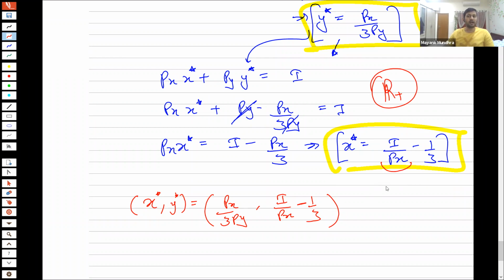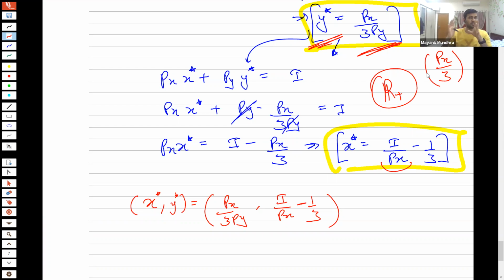So what's happening here is that the ideal consumption of good Y is some fixed amount, this much. But in order to buy this much amount of good Y, the expenditure on good Y has to be equal to Px by 3. So you need to spend Px by 3 on good Y. But what if your actual income is less than Px by 3?